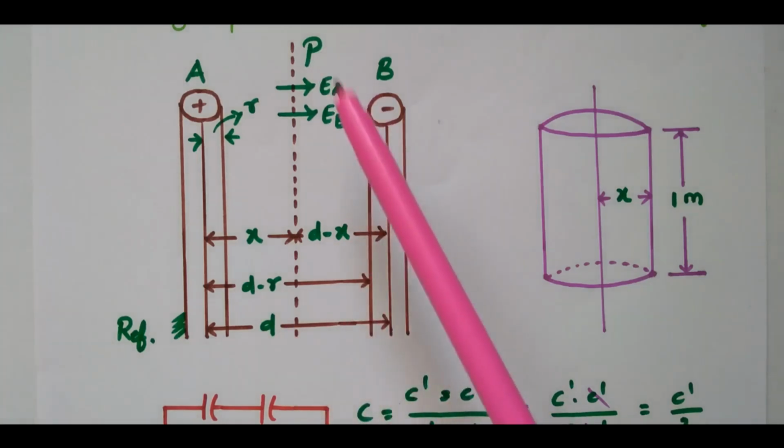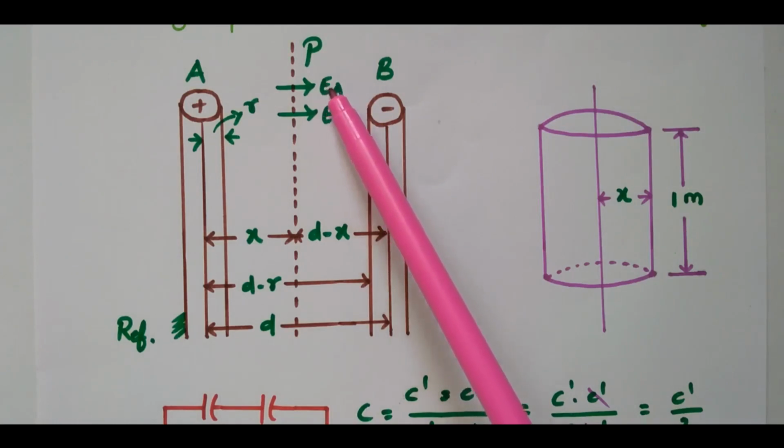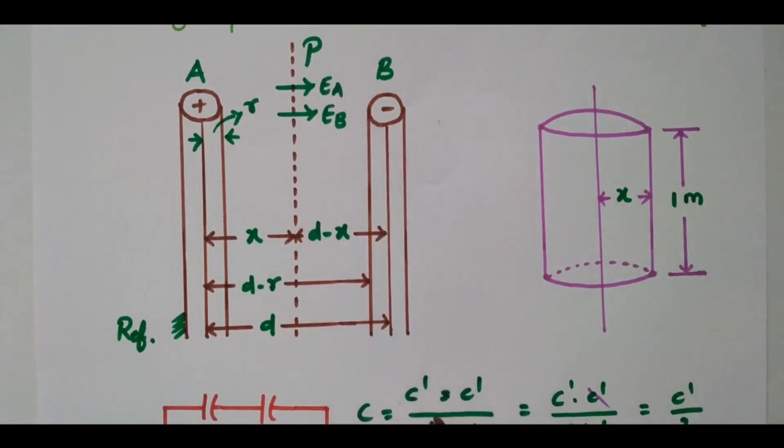EA and EB are the electric field intensities due to conductor A and conductor B. Now we have a Gaussian cylindrical surface with radius x meter and height 1 meter. We are assuming 1 meter length of cable, right?